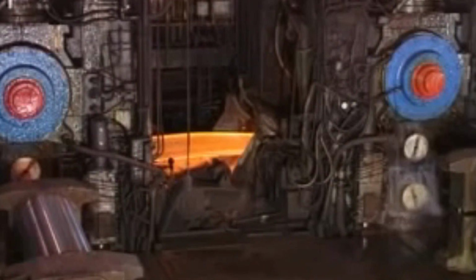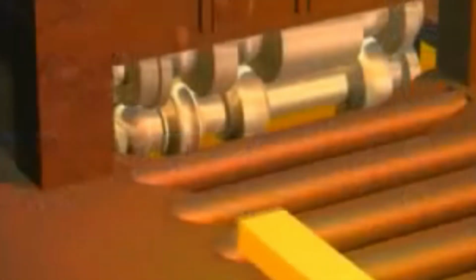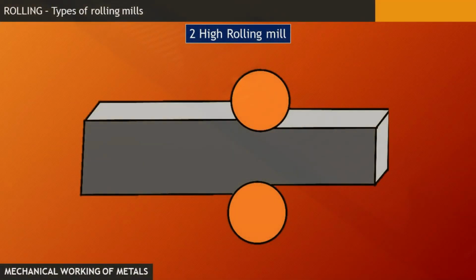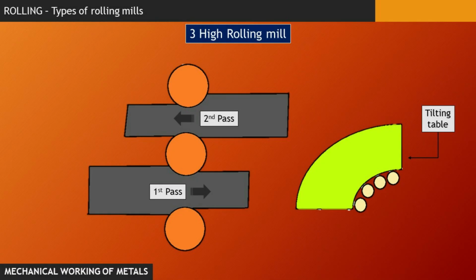However, in this kind of rolling mill, the power consumption is tremendous, and this design is limited by the length that can be rolled and by the inertial forces that must be overcome each time a reversal is made. Now, there are certain disadvantages regarding the 2-high reversing mill.